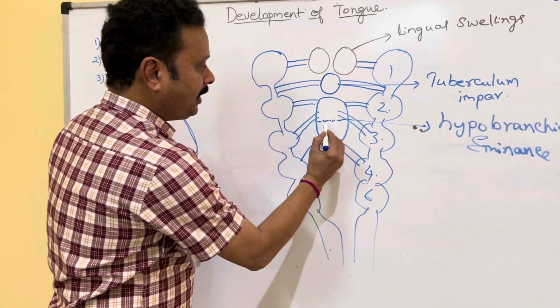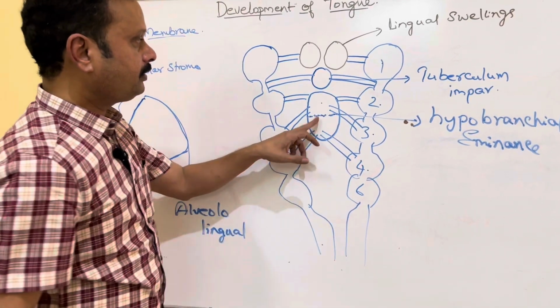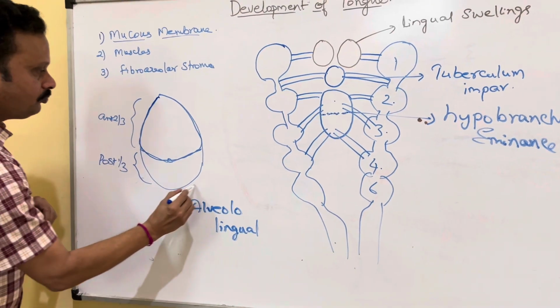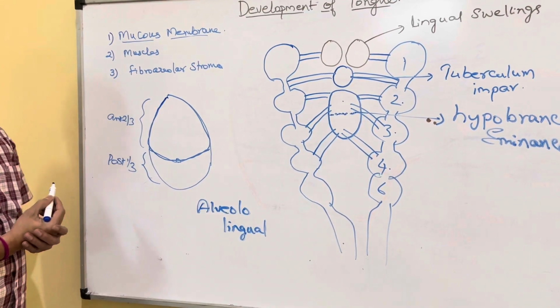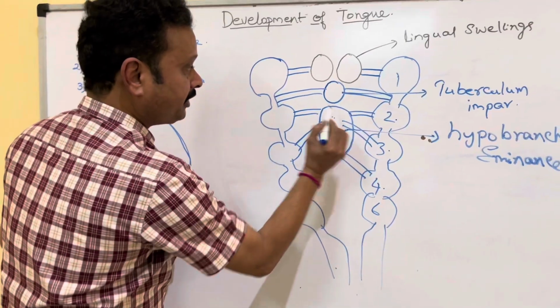The anterior part of this hypobranchial eminence, in front of this transverse sulcus, will give rise to the posterior one-third of the tongue. So the posterior one-third of the tongue is developed from here.